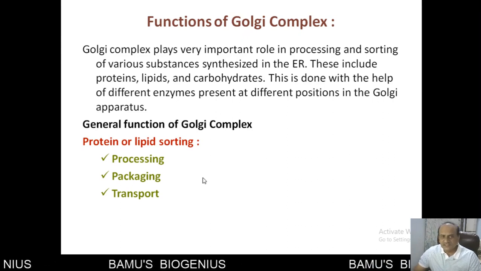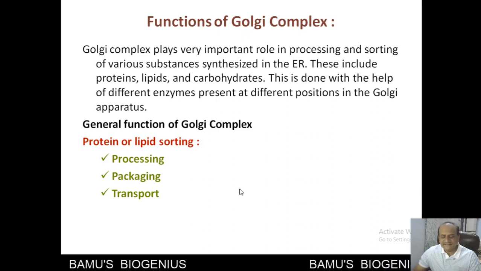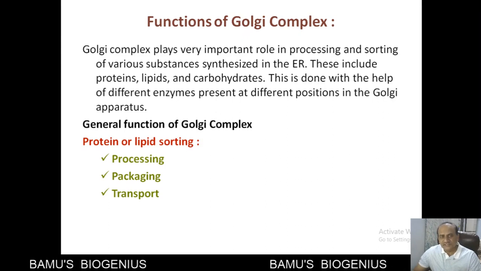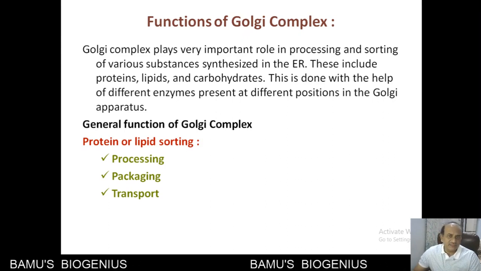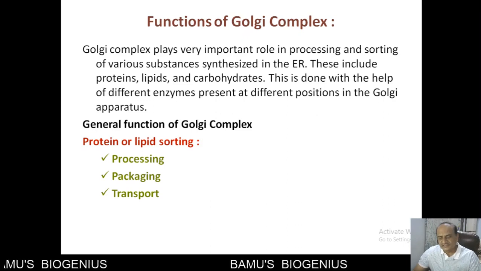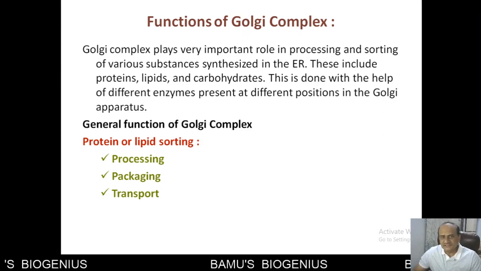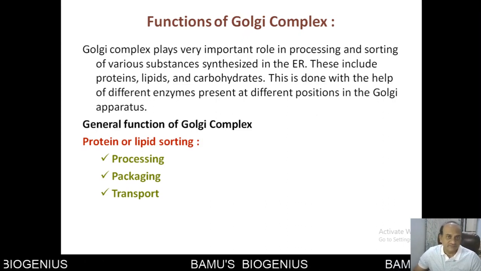Similarly, here the distribution of the synthesized proteins is totally with the help of a Golgi complex, and that's why the Golgi complex is considered the traffic police of the cell.